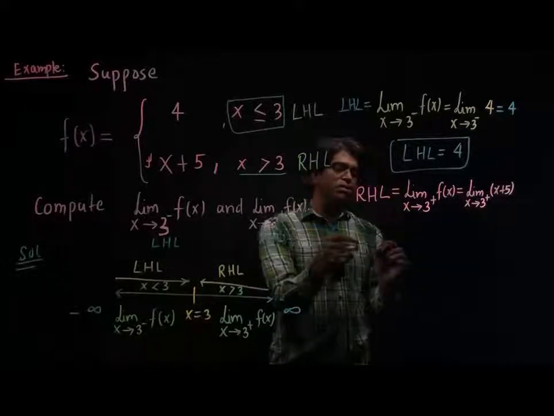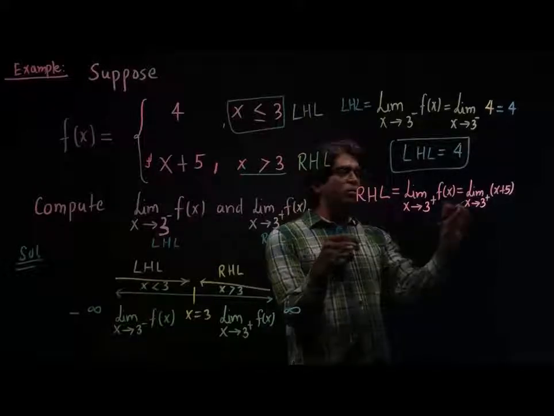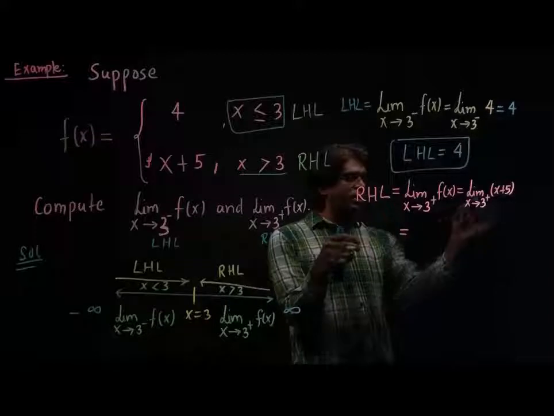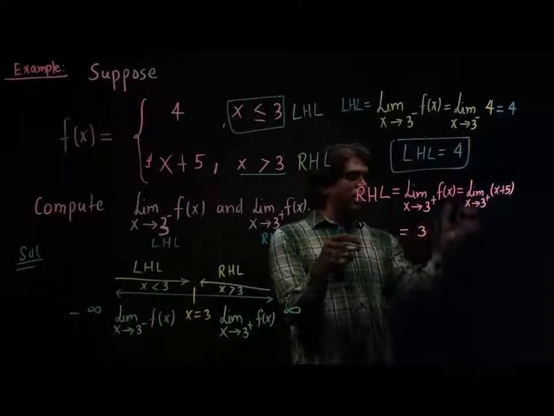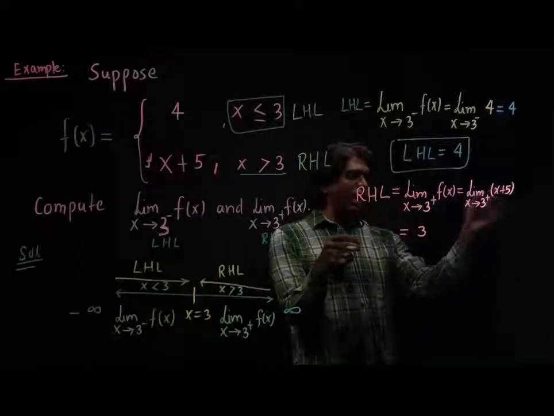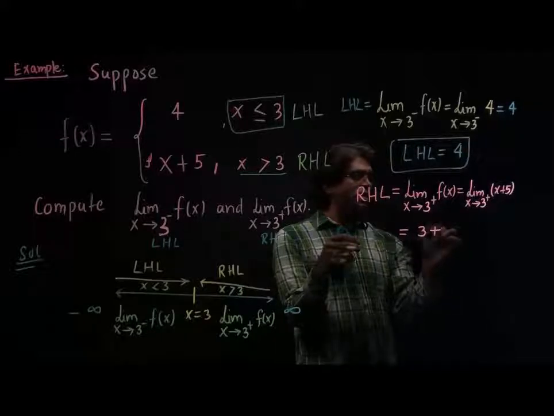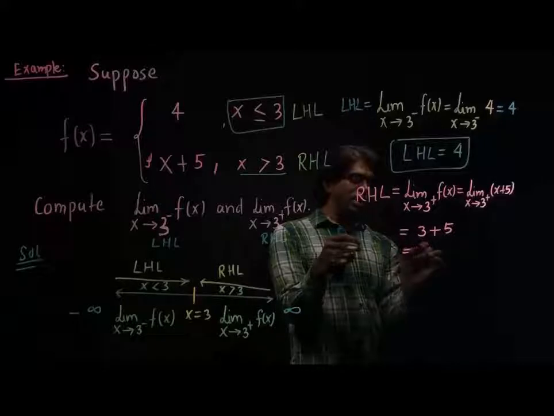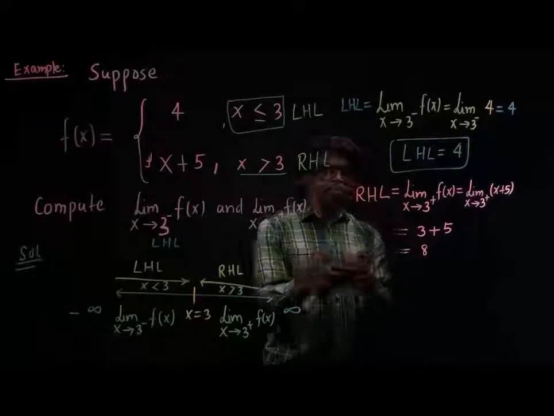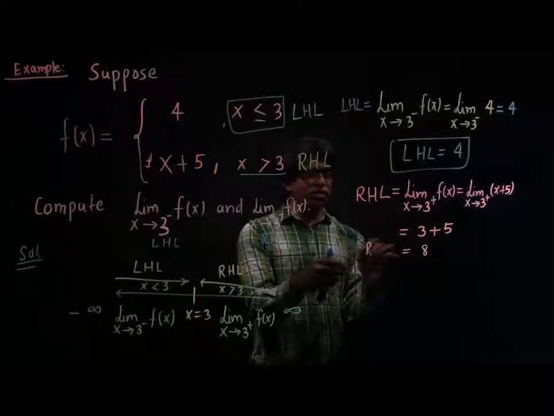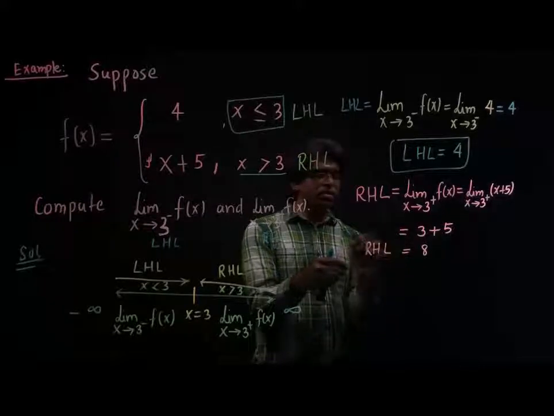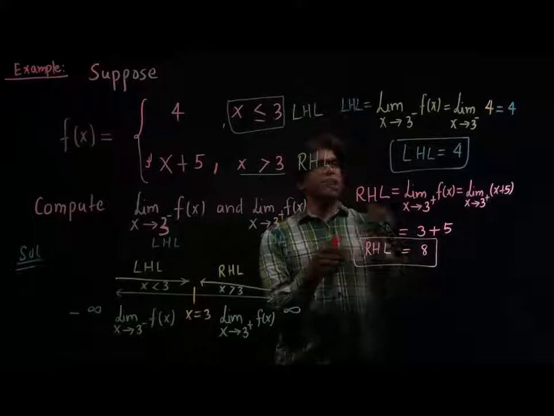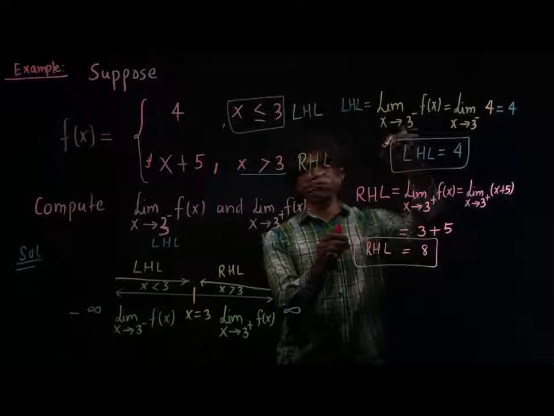Now let's simplify. I'm going to substitute x as 3 to find the limit. So for x I have 3, plus 5. So 3 plus 5 is 8. As you can see, my right hand limit of the function is 8.